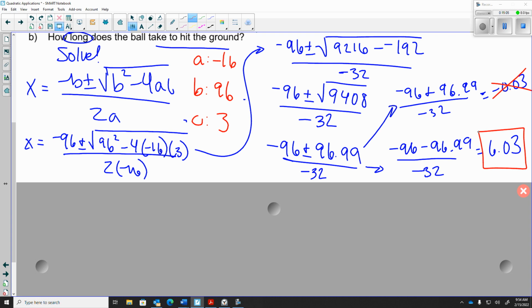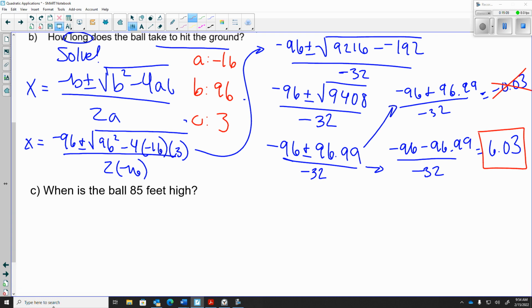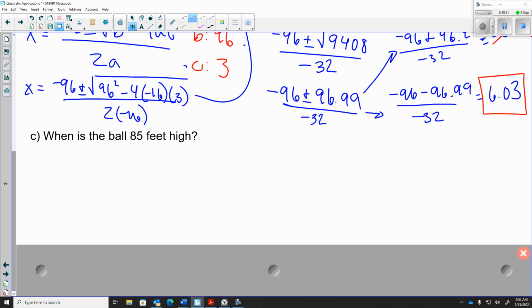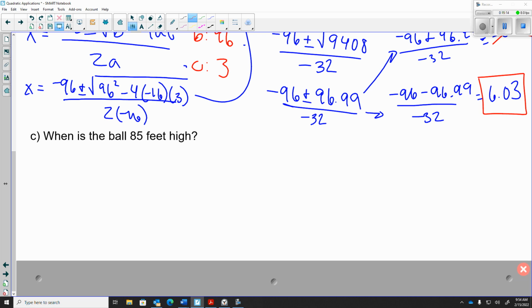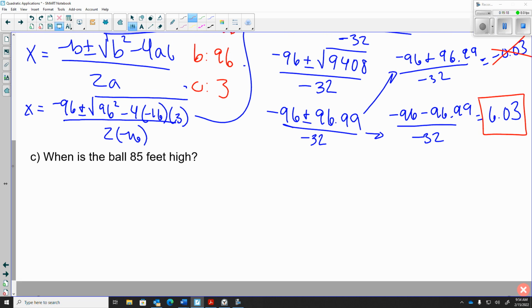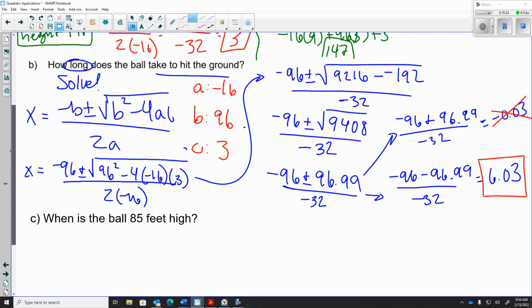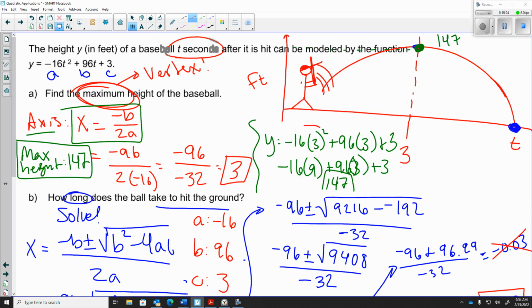Okay. All right, we have 2 more tasks, and then I'm done talking at you. I know I said it was only one problem, but it's a long problem. All right, now it asks me, when is the ball 85 feet high? Well, let's think about our function. This is the function. I want to know, when is the ball 85 feet high?